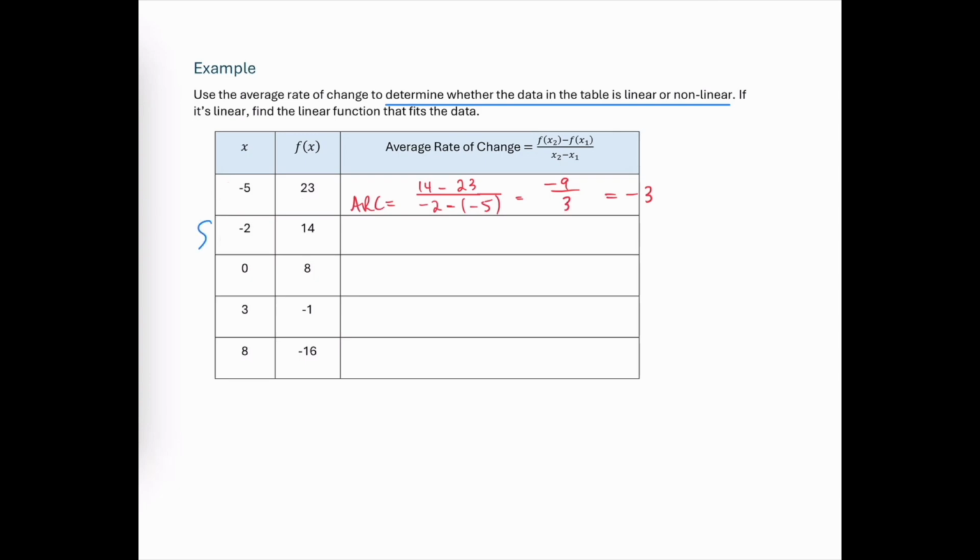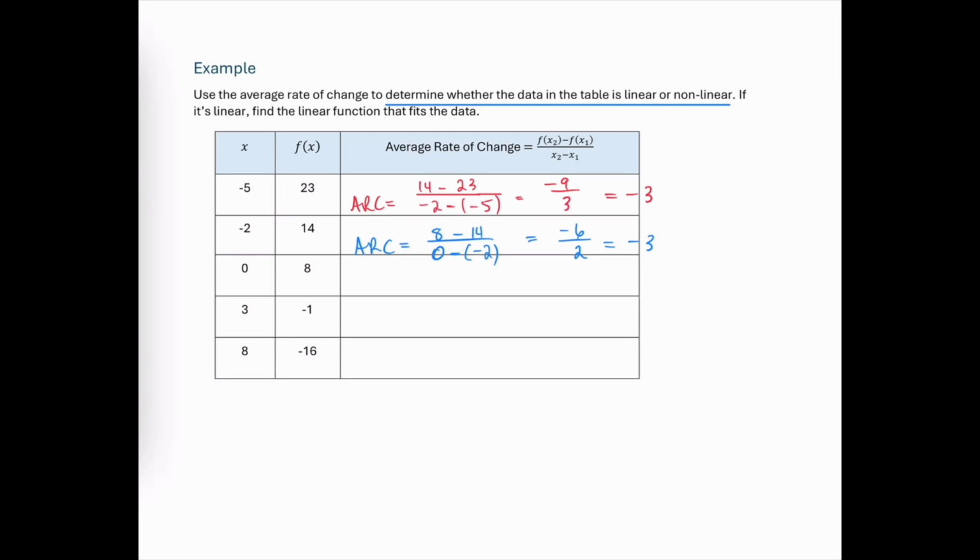So now we'll calculate the average rate of change between the next 2 points. We'll say y2, which is 8, minus y1, which is 14, and divide that by x2, which is 0, minus x1, which is negative 2, so we're subtracting negative 2. 8 minus 14 is negative 6, and 0 minus negative 2 is positive 2, so again, we get negative 3 here.